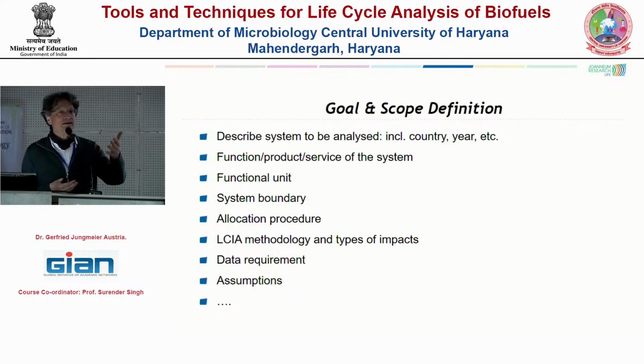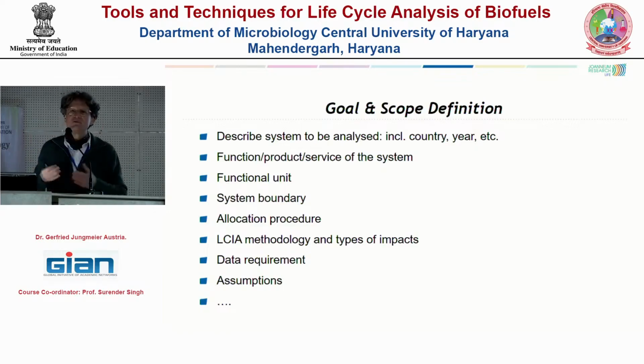But if you want to analyze different pretreatment methodologies because you want to compare them, you have to split up the bioethanol facility. At least the pretreatment should be a separate process for which you need the data. Then you can compare different pretreatment options. So the goal and scope also defines to which degree of detail you have to set up the modeling.